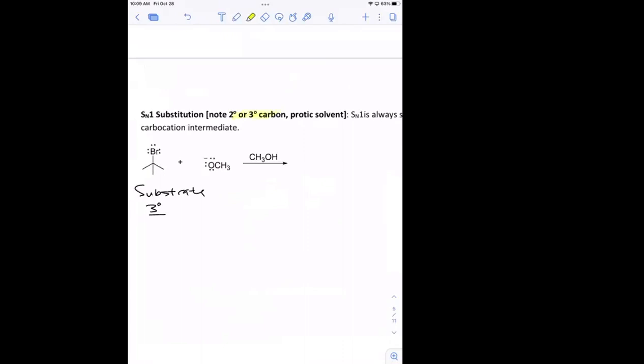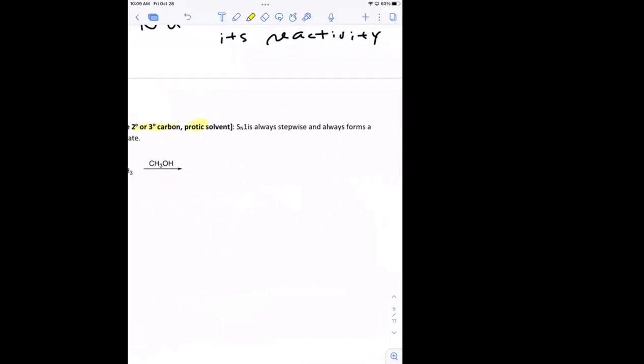The solvent is protic, as opposed to the SN2, which is aprotic. And this is the key right here: it's stepwise and it has an intermediate. If it's an SN1 mechanism, there always will be a carbocation intermediate.